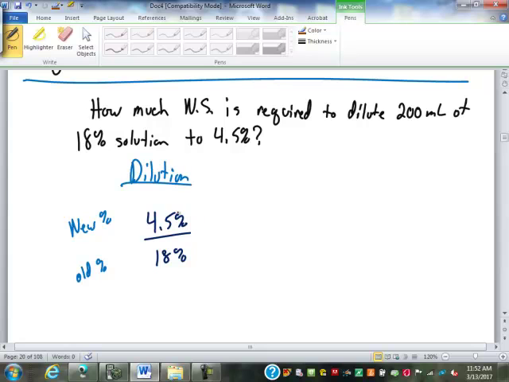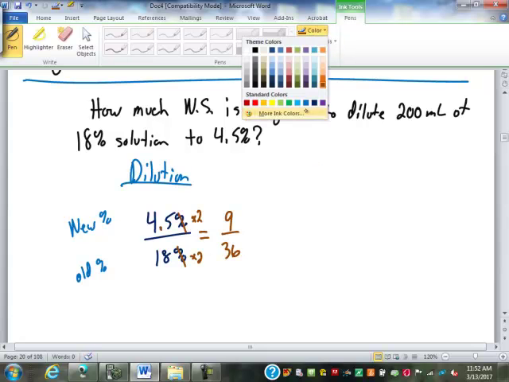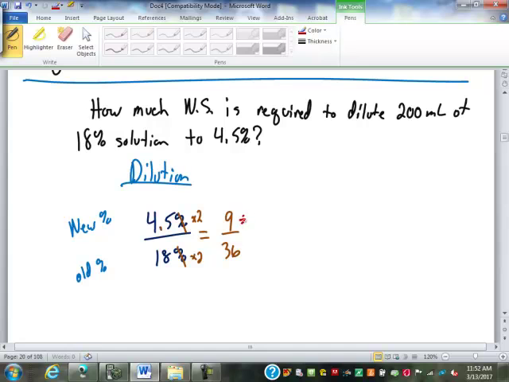And to reduce that, percents cancel out. I have to get rid of the decimal within my fraction. So 4.5 times 2 is 9. I take 18 times 2 to give me 36. And both 9 and 36 will divide by 9. Gives me a 1 in 4 dilution.